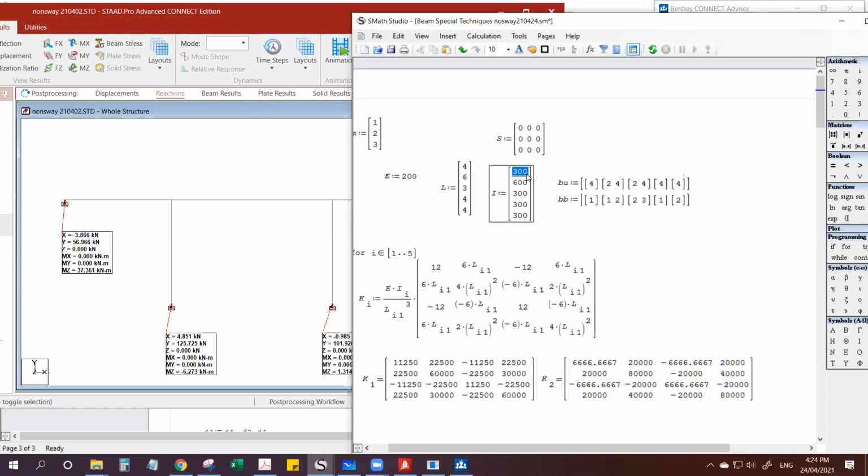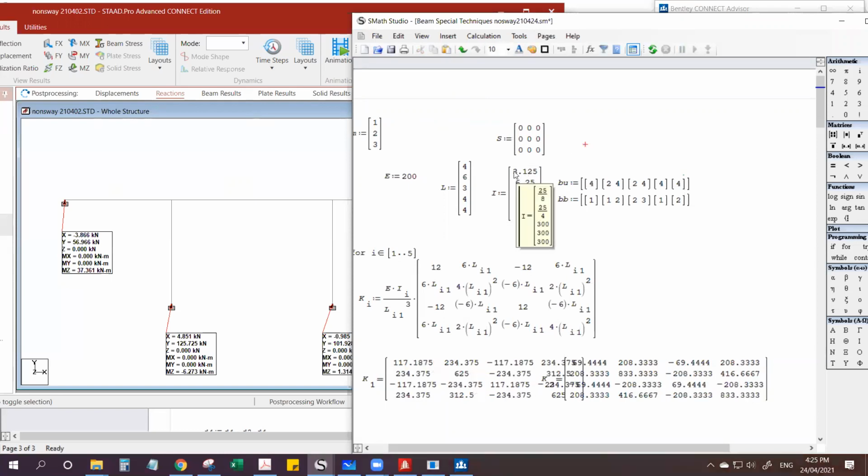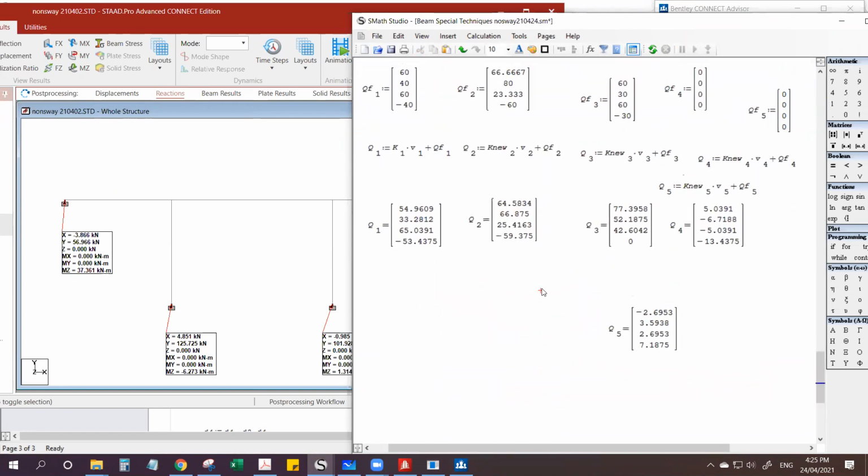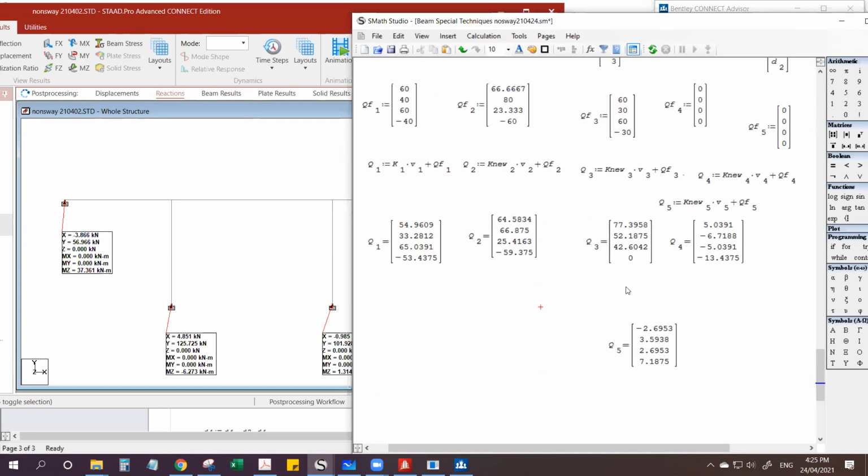Maybe I'll correct this. 3.125. So to make this twice, 6.25. 3.125. Okay. So nothing changes much. Okay.